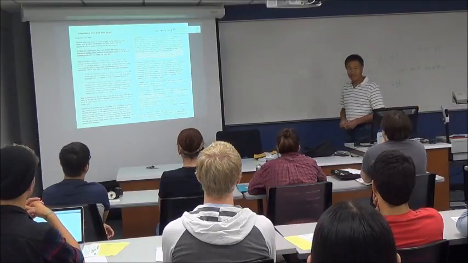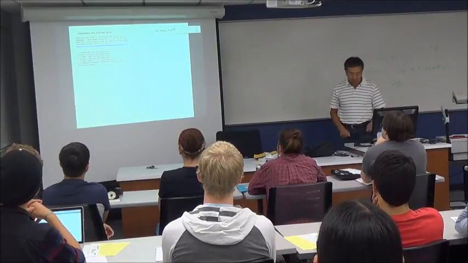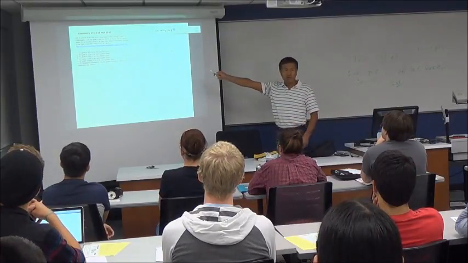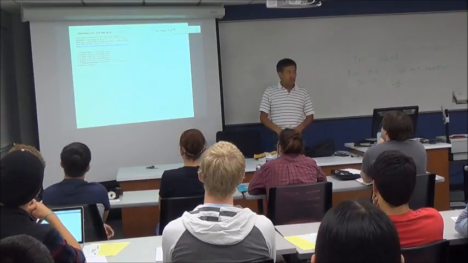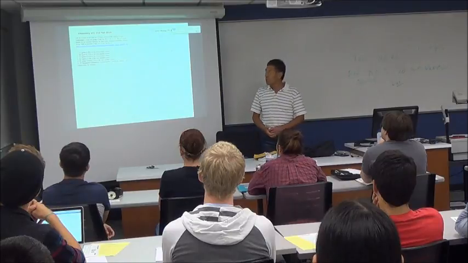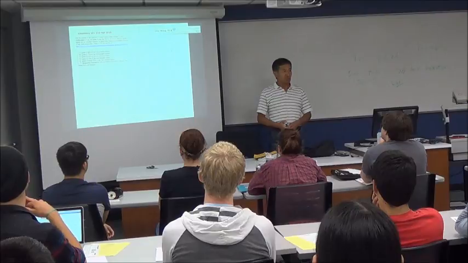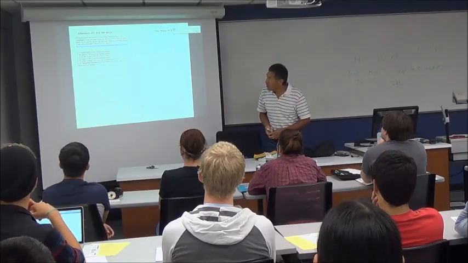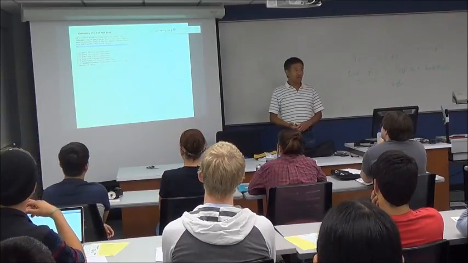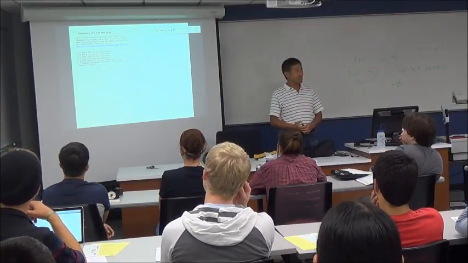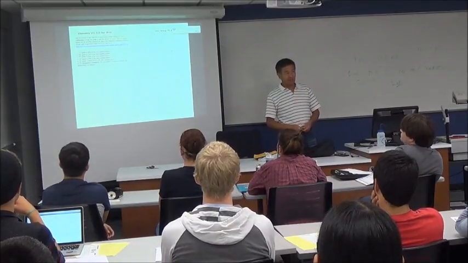Then if you get a percentage, for example 88 or higher, you will get an A. 77 or higher, you get a B, and so on. For example, you can get 62% or higher, you will get a C. Alright. So that's about the grading.